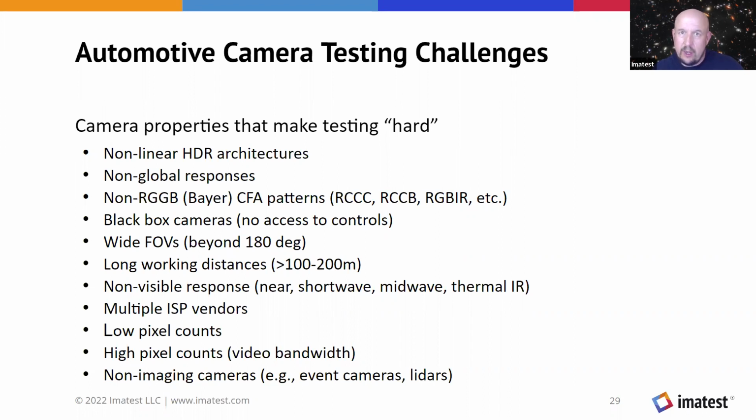So one trend we're noticing is that lower and lower resolution cameras are coming out. The goal is to be more sensitive and also have less power consumption. For high resolution cameras, there's a bandwidth problem and a power consumption problem, so those are less common in automotive.